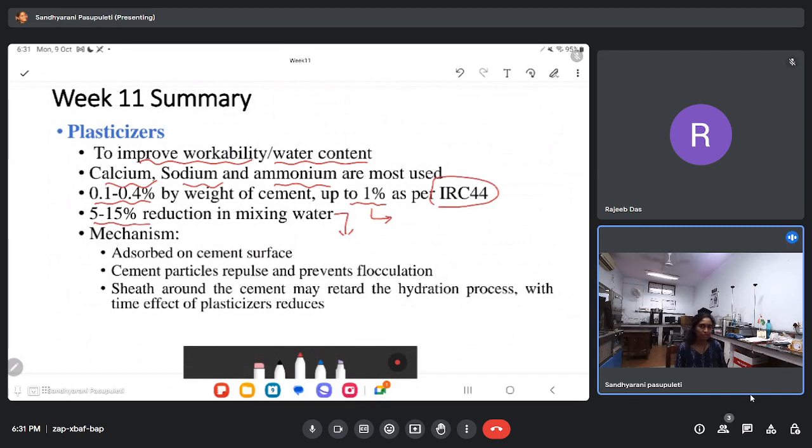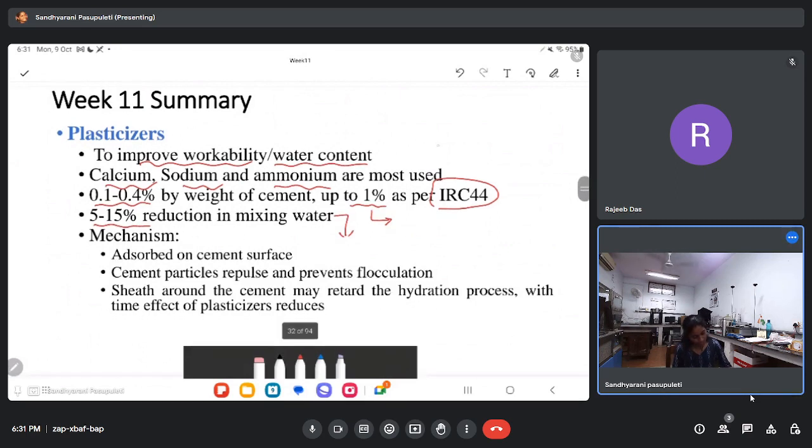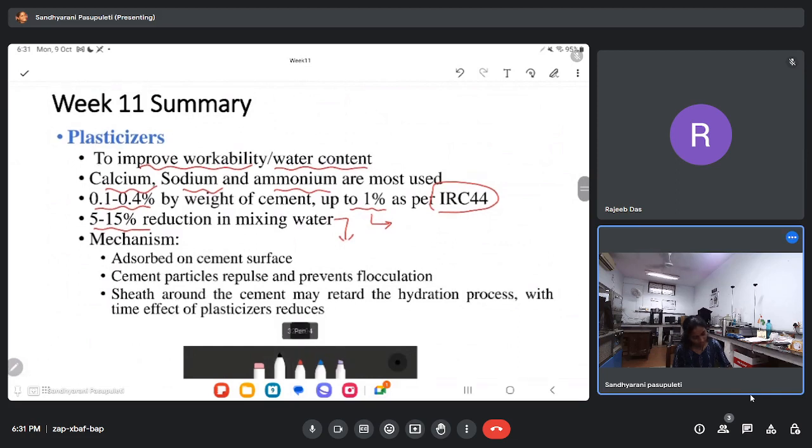So what is the mechanism of these plasticizers? What do they do? Usually you have the cement particles. Let us say this is your cement particle. When I add the plasticizer, it will come and sit on the surface of the cement, which is nothing but being adsorbed on the surface of the cement.